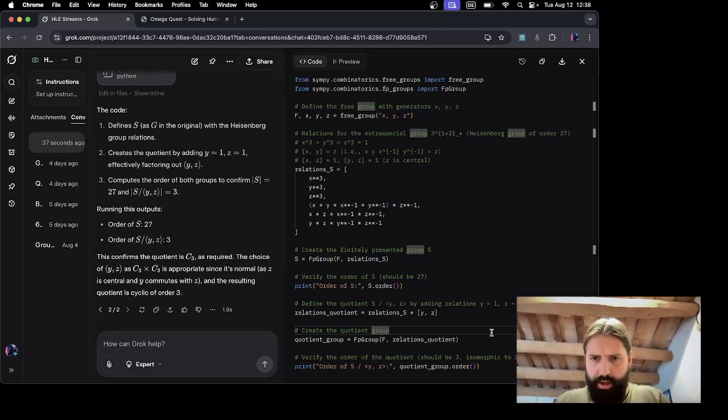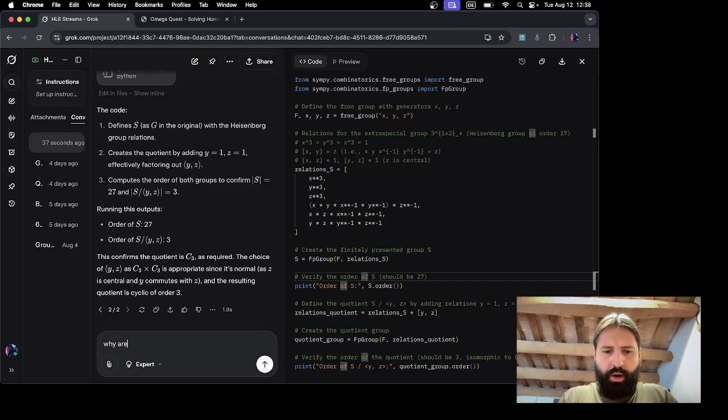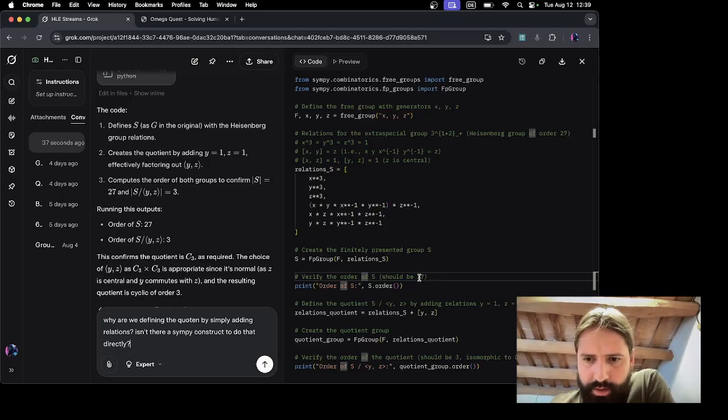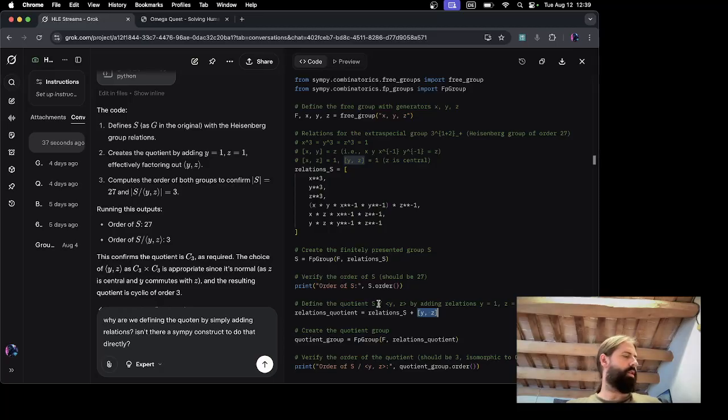No, all right, but why? So why are we defining the quotient by simply adding relations? Isn't there a SymPy construct to do that directly? That's interesting. So it's actually adding simply like a, okay, that's interesting.